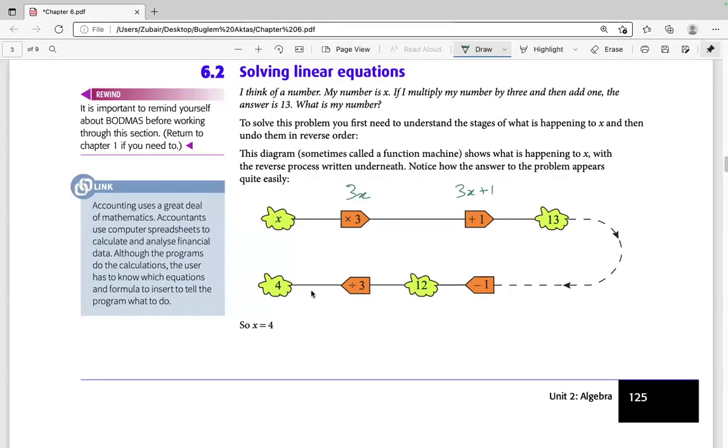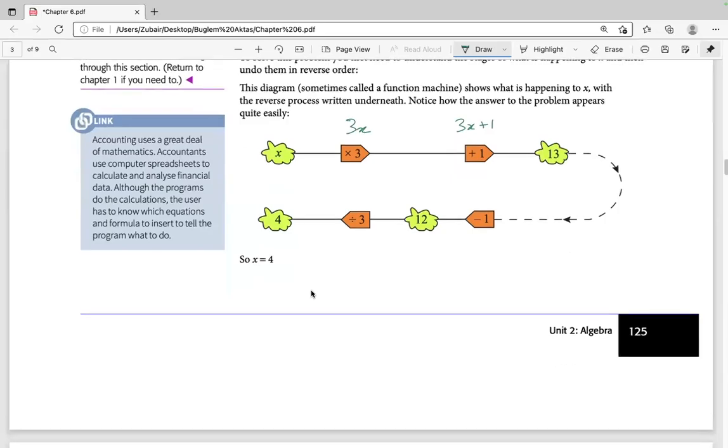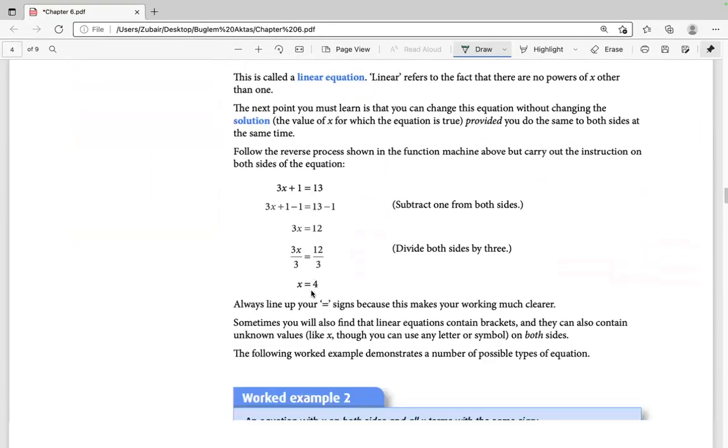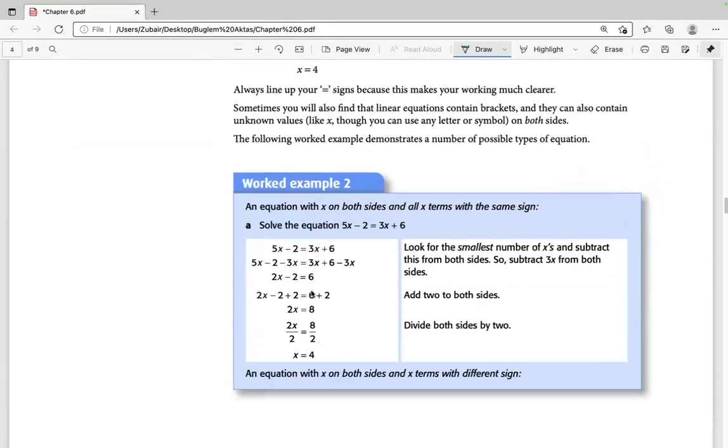and then so on. Okay, let's see. An equation with x on both sides and all x terms with the same sign. Solve the equation.